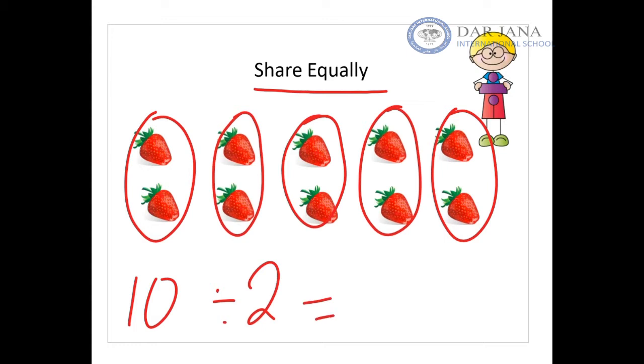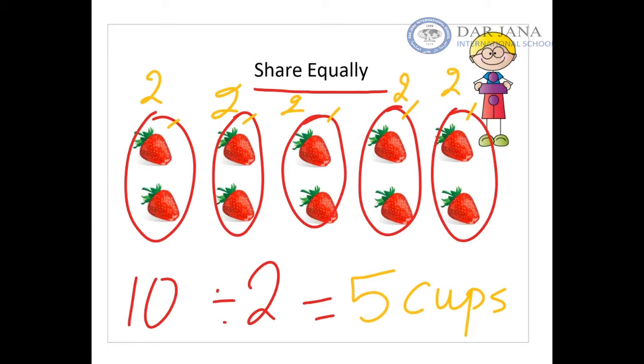So how many cups did I need for this share? 1, 2, 3, 4, 5. 5 cups. What did I do here? I was taking the same amount of strawberries every time. The first time I took away 2, the second time 2, the third 2, 2, and 2.